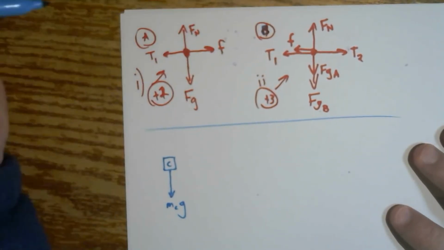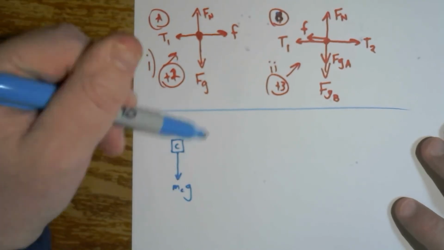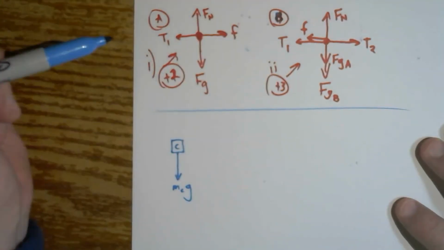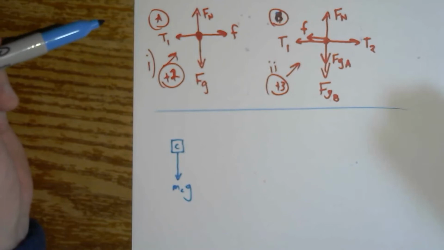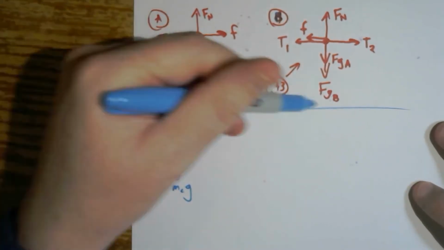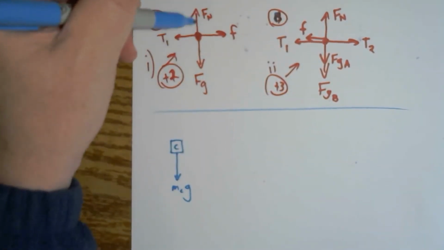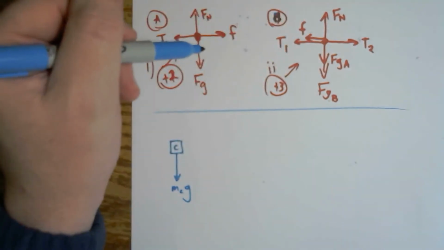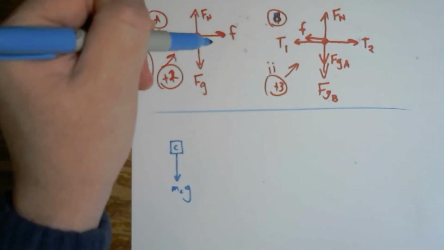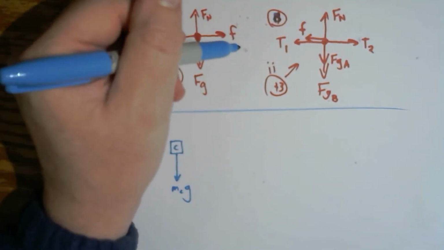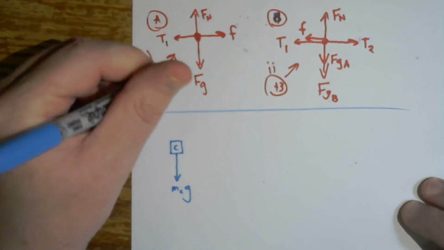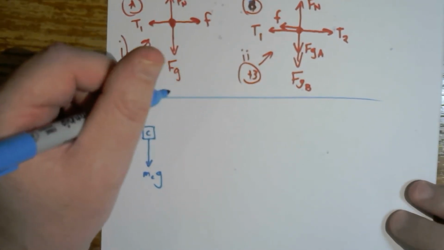If here's B, here's A, then this force has to be balanced by all of this stuff. To remain at rest, this pulling down force has to equal all this. Obviously the up and down forces don't really contribute to side-to-side motion, so I'm not even going to look at that. I'm only going to look at the horizontal forces acting on the system.